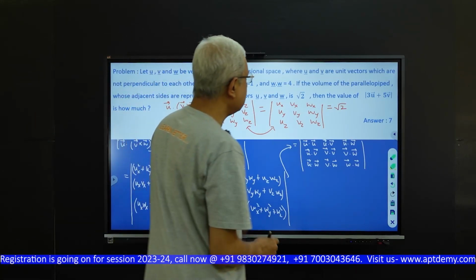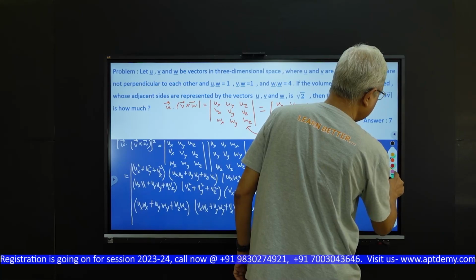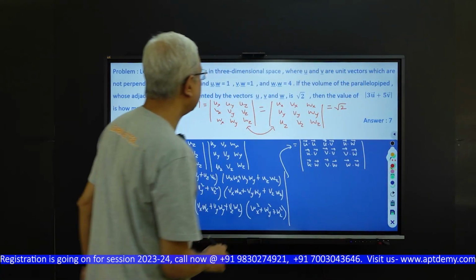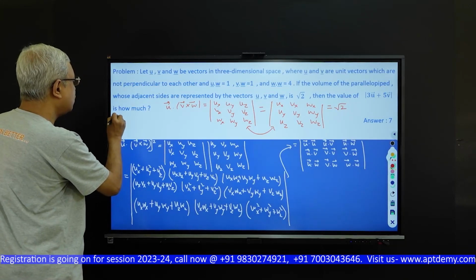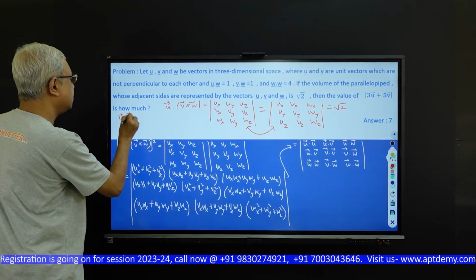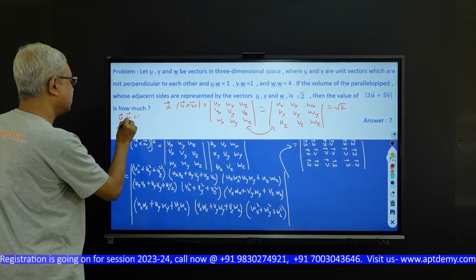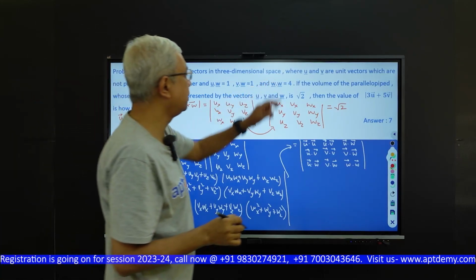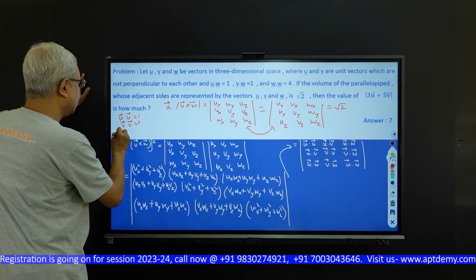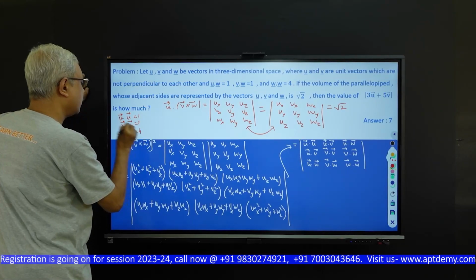Now what is given? We know that U, V are unit vectors. So U dot U is unity, V dot V is also unity, and it is also given that W dot W is 4.